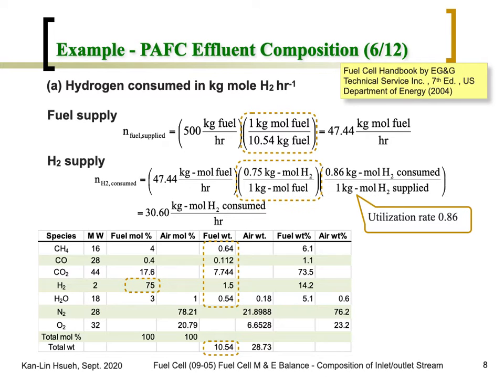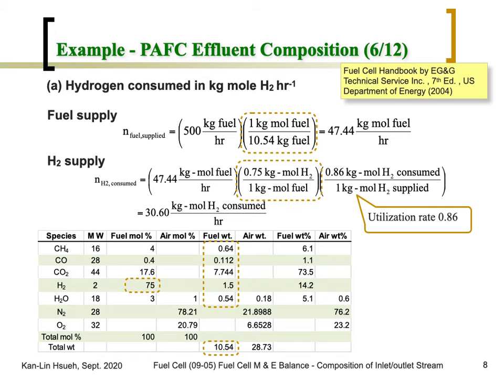From here we end up with 30.6 kilomole of hydrogen consumed. If you do not multiply by the utilization rate, you end up with the hydrogen flow rate from the fuel, but if you multiply, you end up with the hydrogen consumption rate. So the fuel flow rate is 47.44 kilomole per hour, and the hydrogen consumed at this condition is 30.6 kilomole hydrogen per hour. This is the hydrogen consumption rate we already calculated.